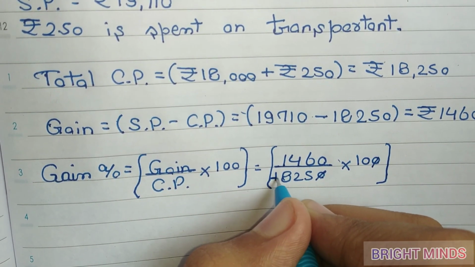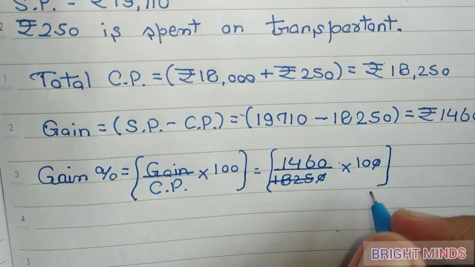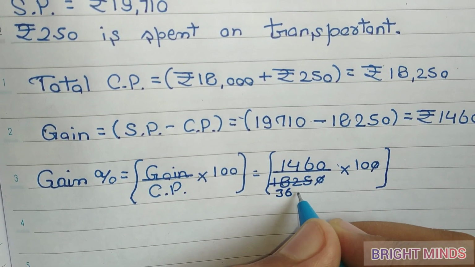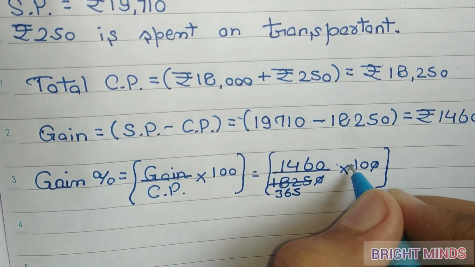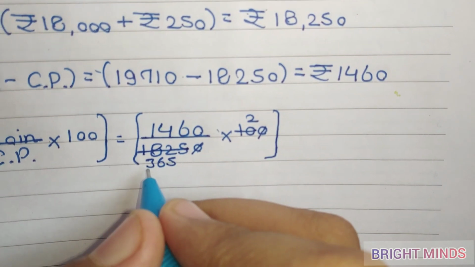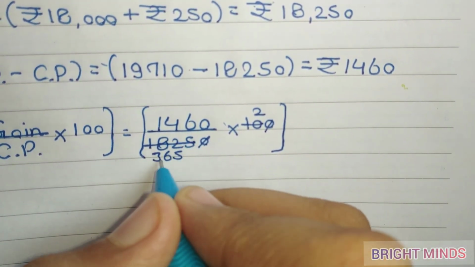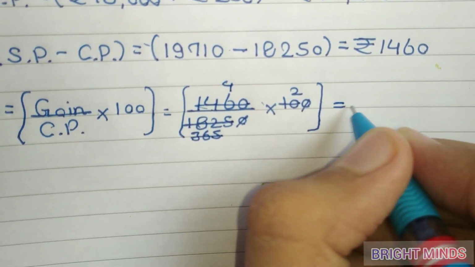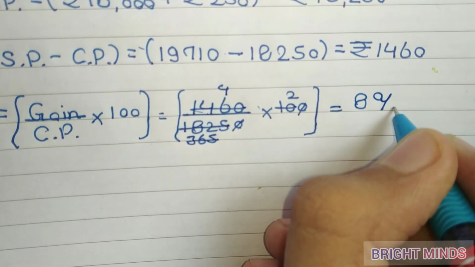If we divide 5 by 1825, our answer will be 365 and this will be 2. Now if we divide 1460 by 365, our answer will be 4, and 4 into 2 is equal to 8%.